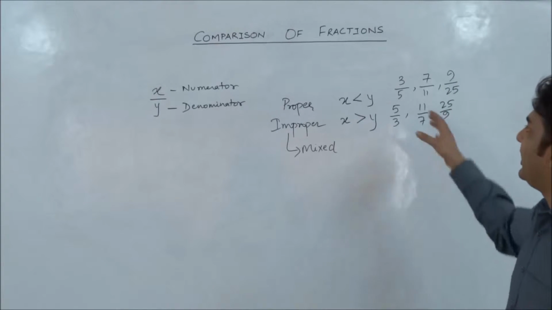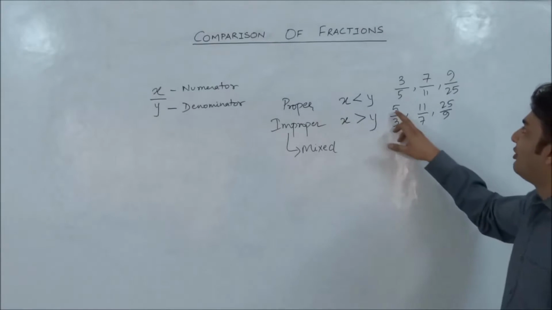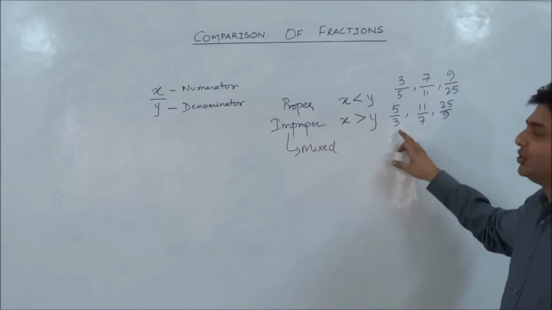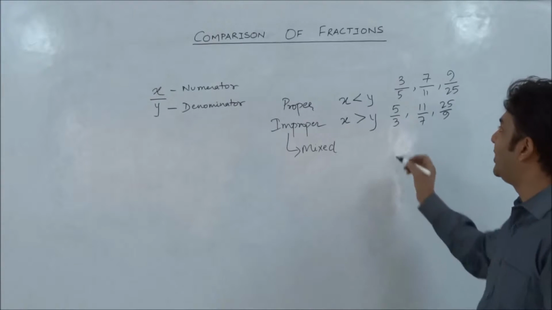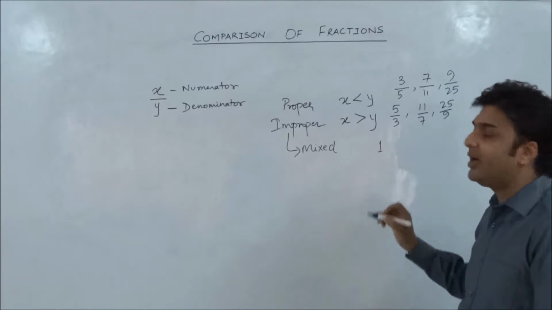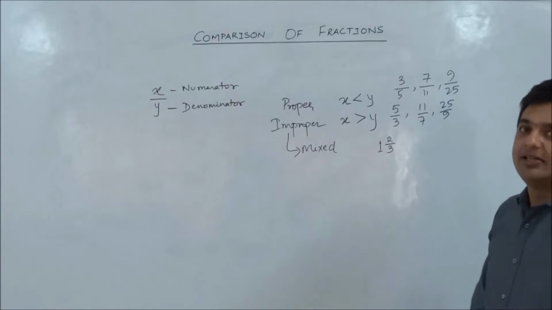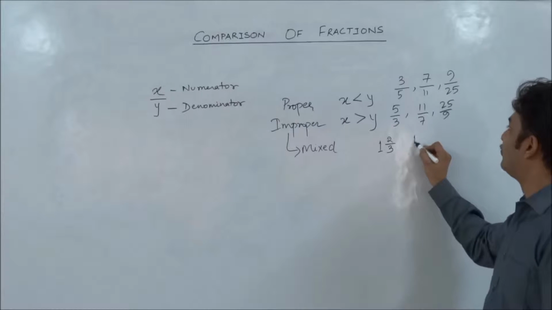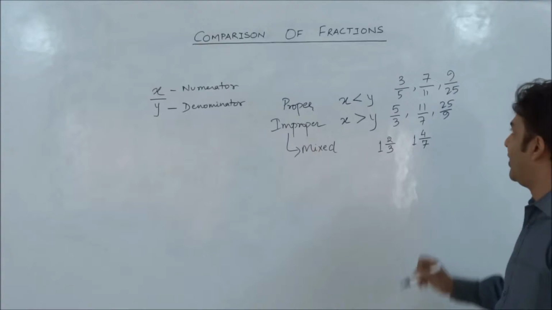How to convert an improper fraction to a mixed fraction? Now 5 is greater than 3, so 5 can be divided by 3. It goes 1 time, the quotient is 1, the remainder is 2 and the divisor, the denominator, remains the same. Here it is 1, 4 is the remainder and 7 is the denominator.